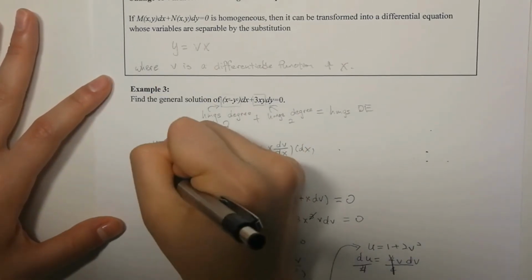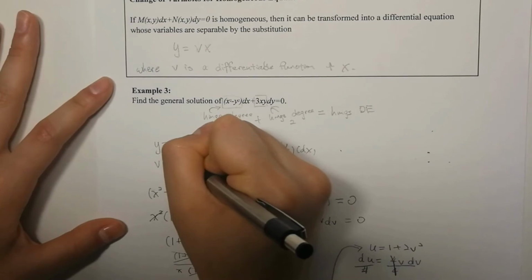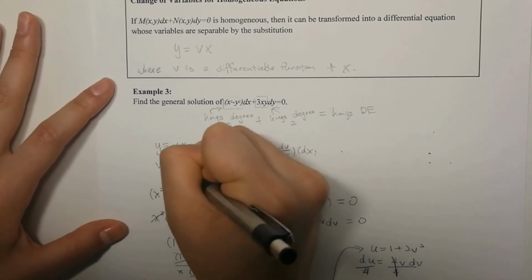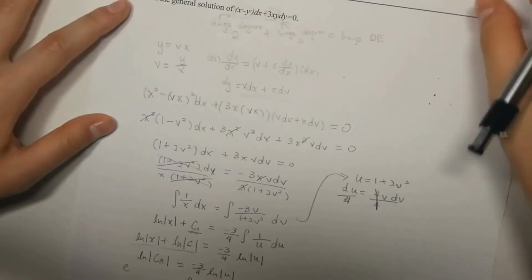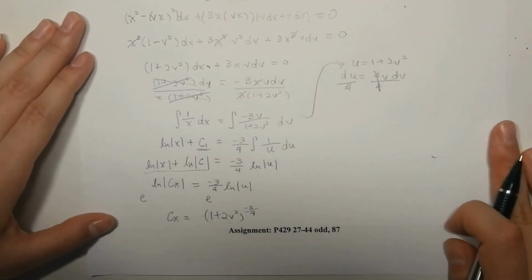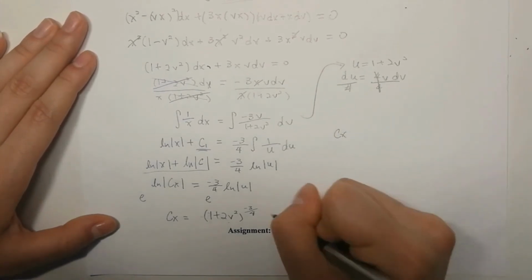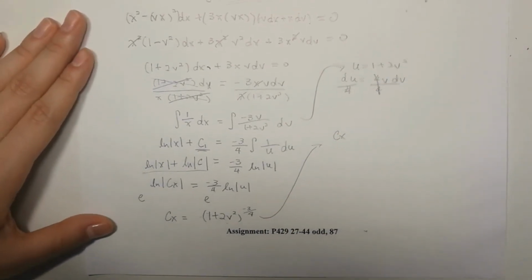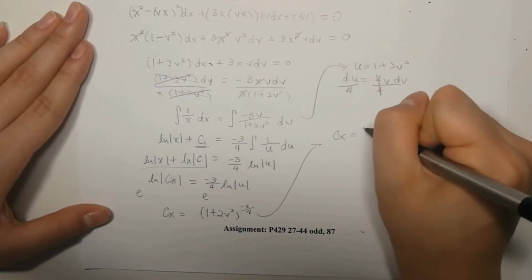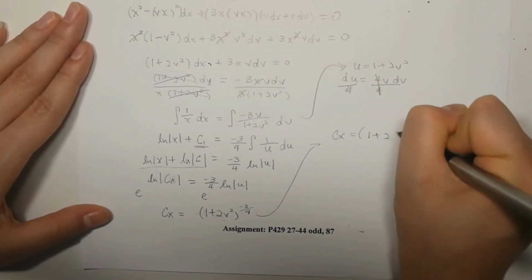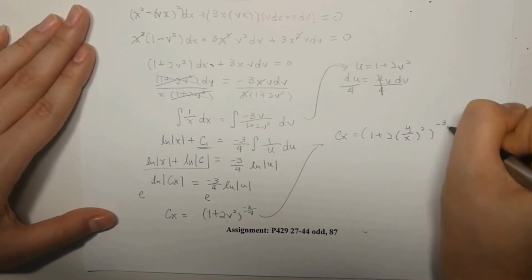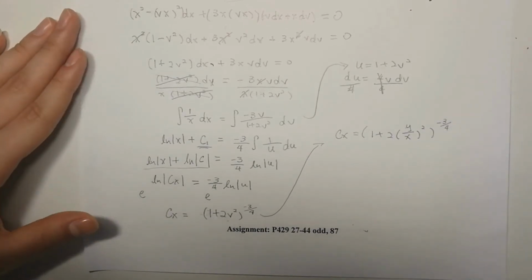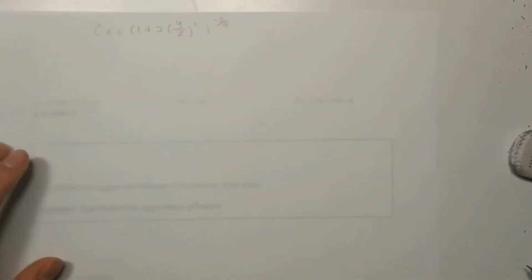When we substitute out v, we'll substitute it with y over x, so basically dividing both sides by x. With that in mind, cx will equal 2 y over x to the negative 3 over 4. So this was the answer from our notes.